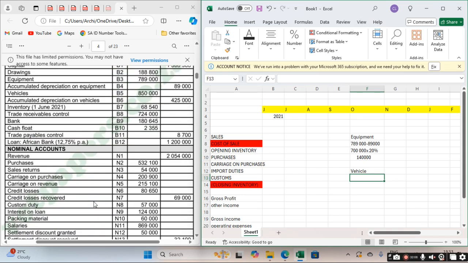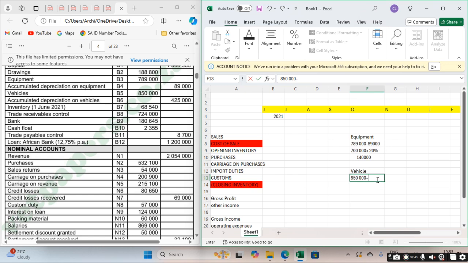For vehicle, we have 850, and this 850 includes the new vehicle we've already purchased. So we need to minus it first, because the new vehicle wasn't in the business for the whole 12 months. It was only in the business for a certain number of months.